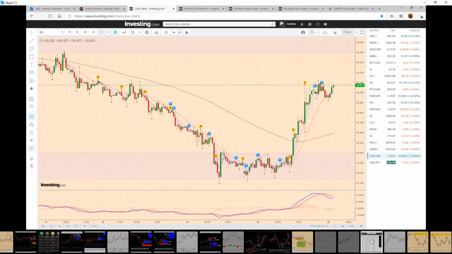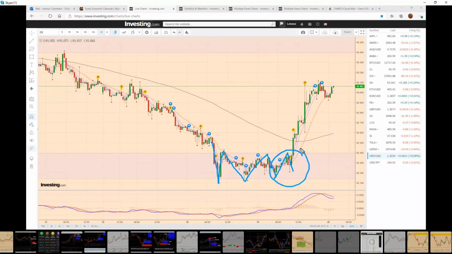All right, so this drop pushed us up into this pattern, and at this point here we formed the 1-2-3 bottom. This is what we are looking for, and then we shot out of there. Now we have this move and this move, and are we done at this point?